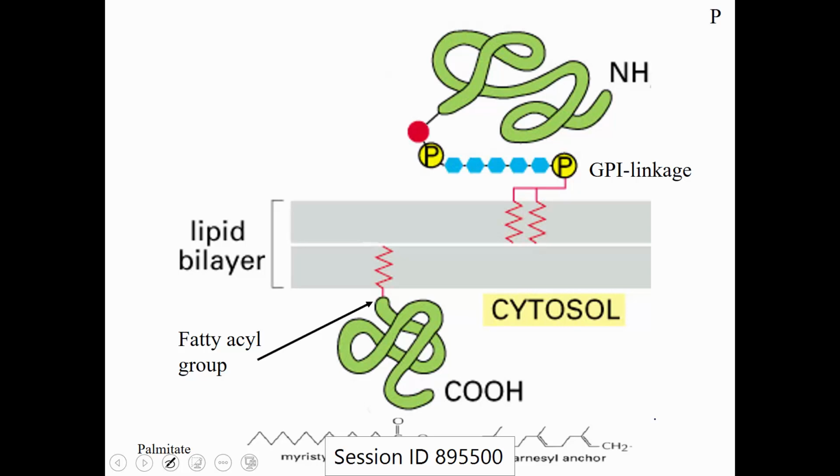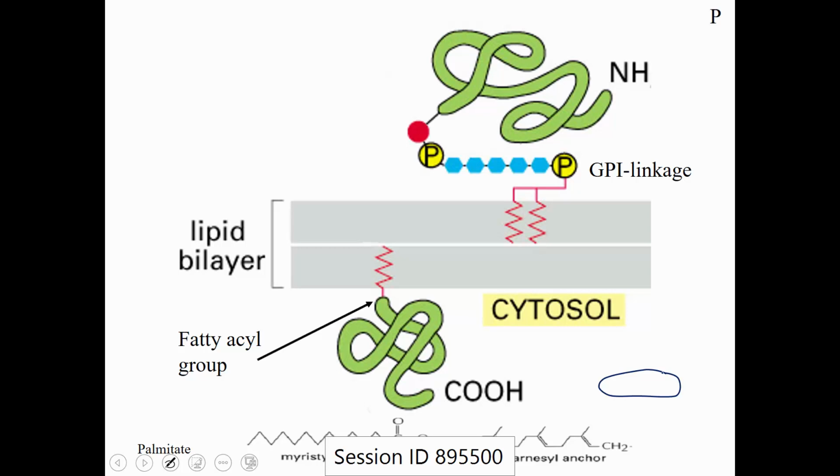Another type of anchoring of proteins to the membrane includes proteins that are anchored via little fatty acyl groups. Palmitic acid is one of the examples. Myristic acid, farnesylation, isoprenylation. What happens in this case is that these proteins are all made on free ribosomes in the cytoplasm. Okay?